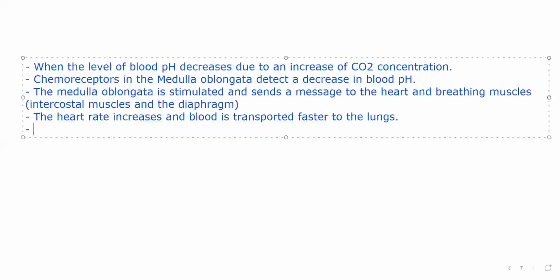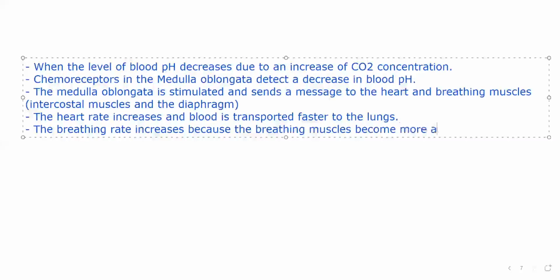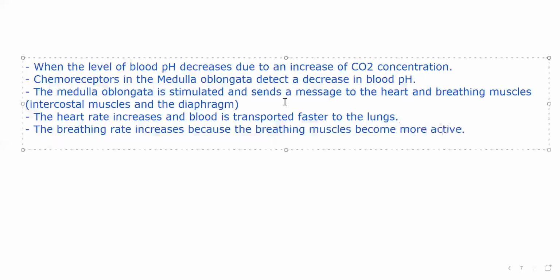Secondly, the breathing rate also increases because the breathing muscles, that's the intercostal muscles and the muscle of the diaphragm, become more active. They contract and relax very fast so that they send out carbon dioxide very quickly. The breathing rate increases because breathing muscles become more active.